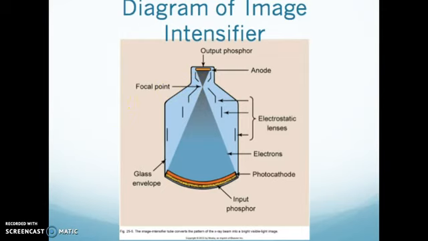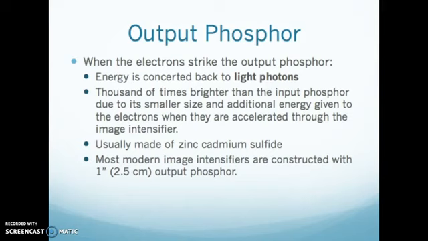So this is your basic II there. The output phosphor. When the electrons strike the output phosphor, the energy is converted back to light photons. So it goes X-ray to light photons to electrons, electrons back to light photons.